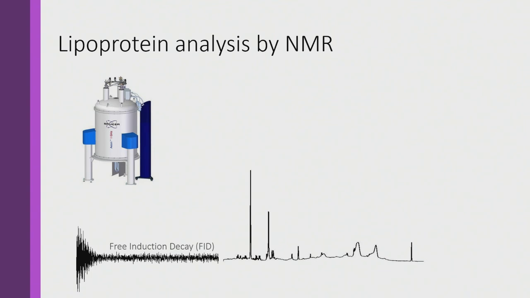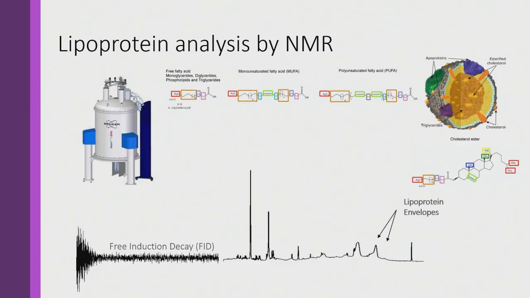So why NMR? NMR is a technology, a magnet, with which you can analyze lipoproteins through the lipids that are inside the particle. The cholesterol and the triglycerides inside the particle present specific signals in the NMR spectra.